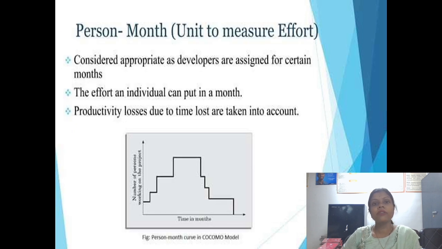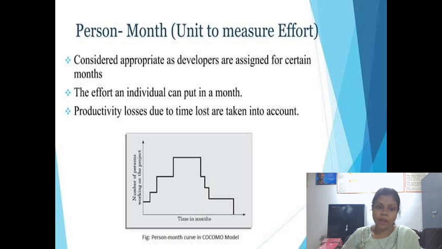Here we will first understand person month. What do we mean by person month? It is a unit to measure effort, like how we measure the effort of a developer. It covers the effort an individual can put in a month, and productivity losses due to time lost are taken into account.